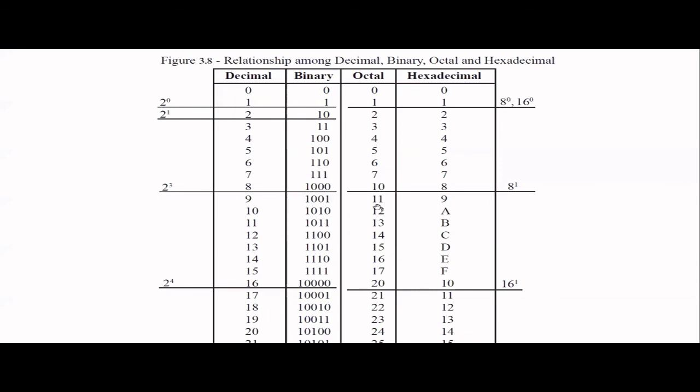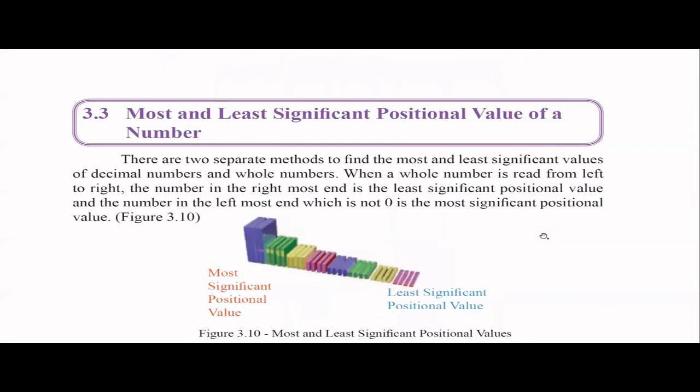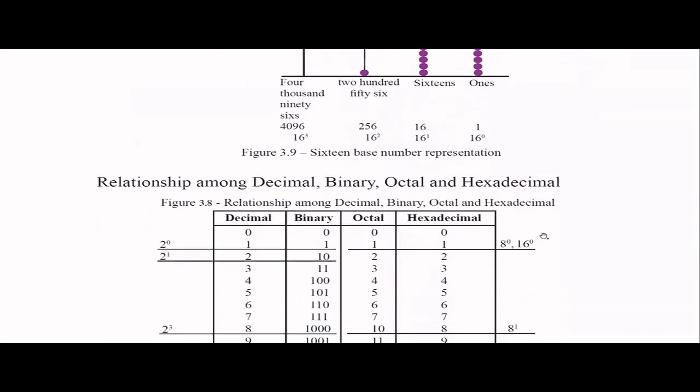I will tell you how to convert this if it's a bit confusing for you. Hexadecimal: 1, 2, 3, 4, 5, 6, 7, 8, 9, and then we have letters up to F. But we don't have 17; we have to represent it as 1, 0. That is the 16 into 1. When you do the conversions, you will understand what this chart actually is.